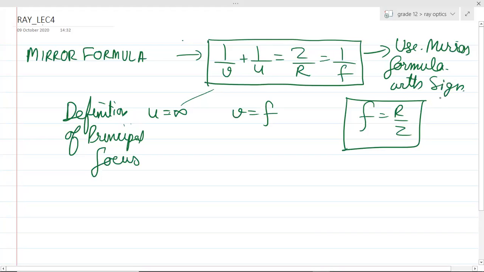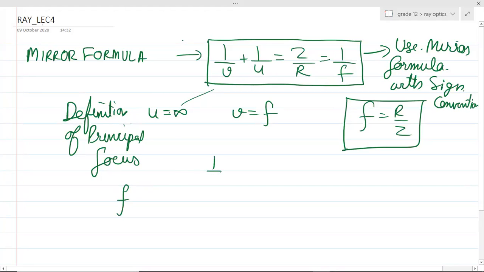With sign convention, right? So in the last class we proved this particular thing. Also, sometimes people will give you direct questions, or if you want to use this, you can use this, just like your 10th grade classes, or you can modify it a little bit.